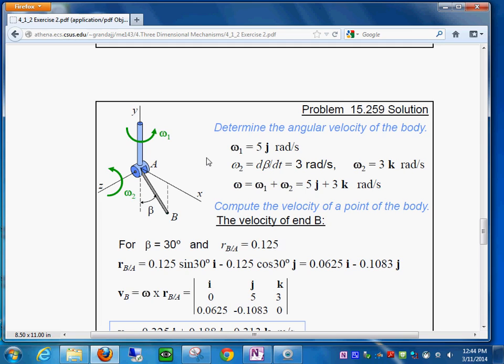In this case, we have to compute the velocity of a point on the rigid body. The velocity of B for beta 30 degrees is 0.125.